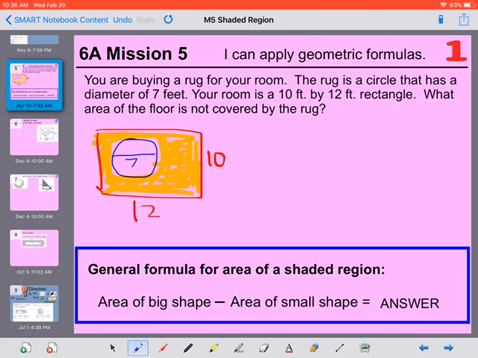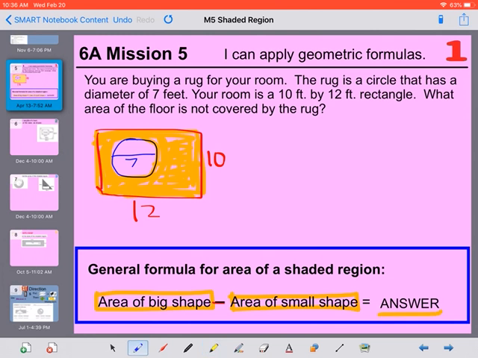So what we can do, we have down here the formula for the area of a shaded region. You're going to find the area of the big shape, the whole room, and we're going to subtract the area of the small shape. In this case, we're subtracting the rug. That will leave us with this space left over. That will give you your answer.